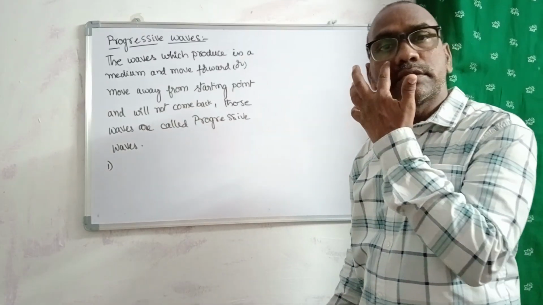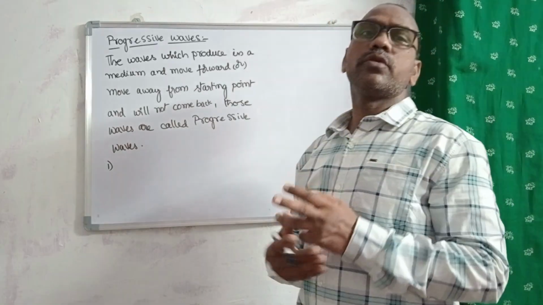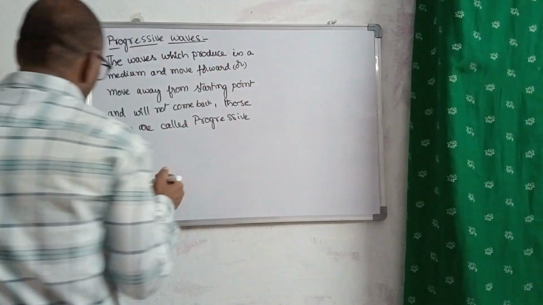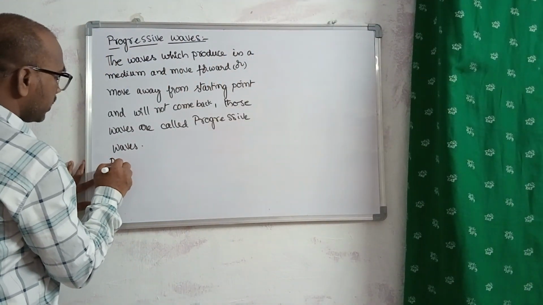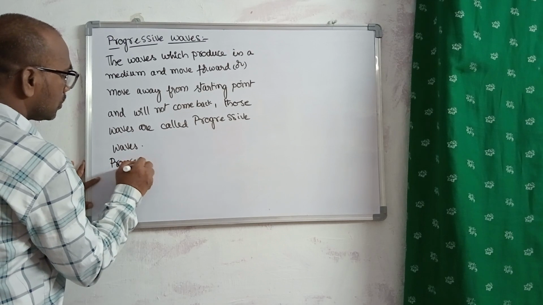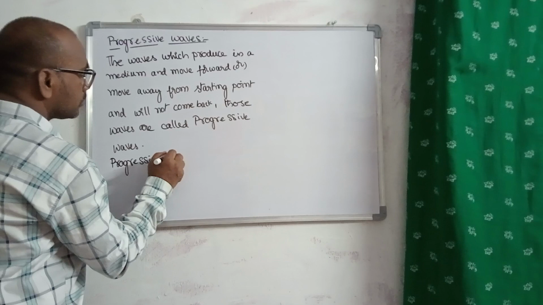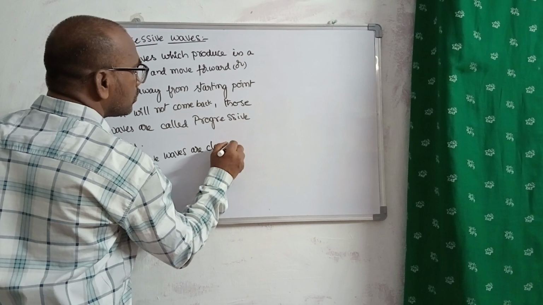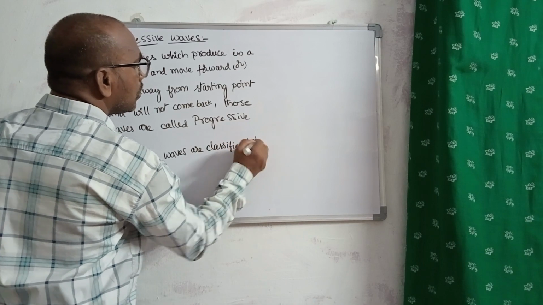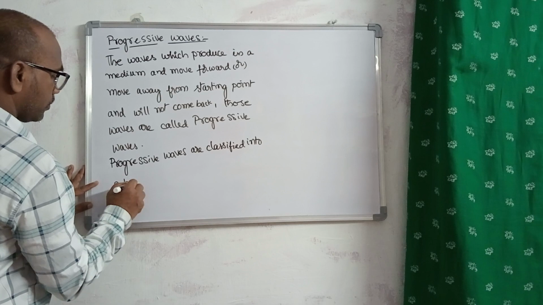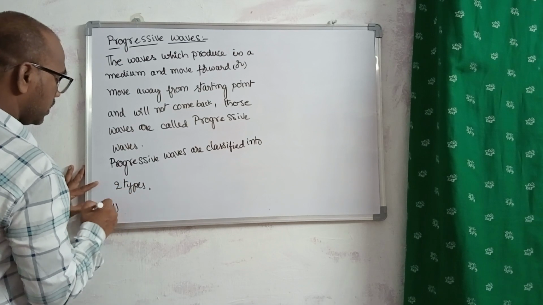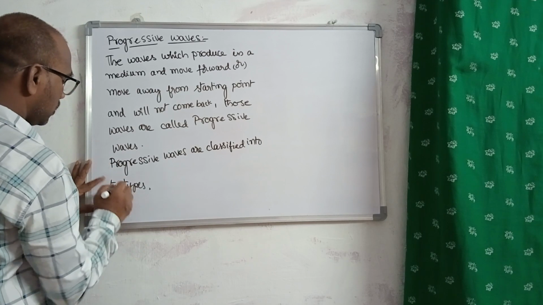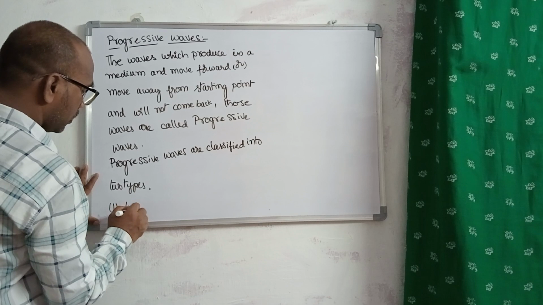Again, progressive waves are classified into two types. One is longitudinal waves, second one is transverse waves. So, progressive waves are classified into two types. First one is longitudinal waves.